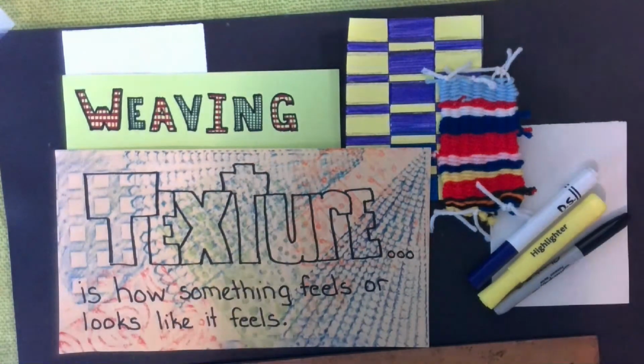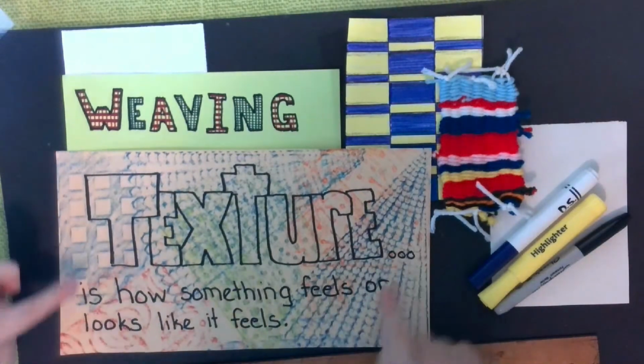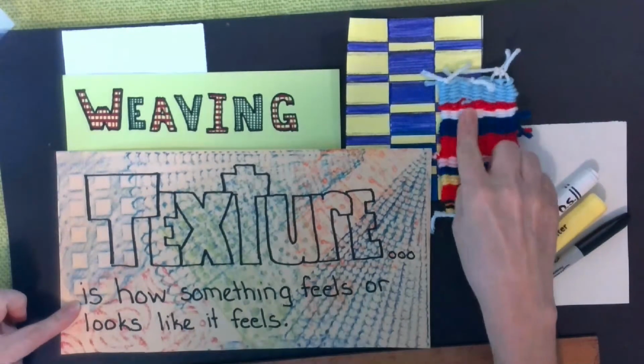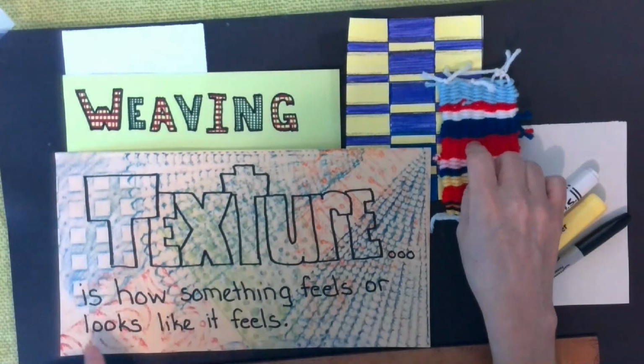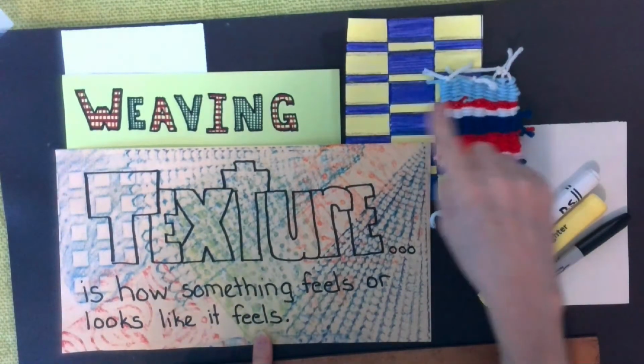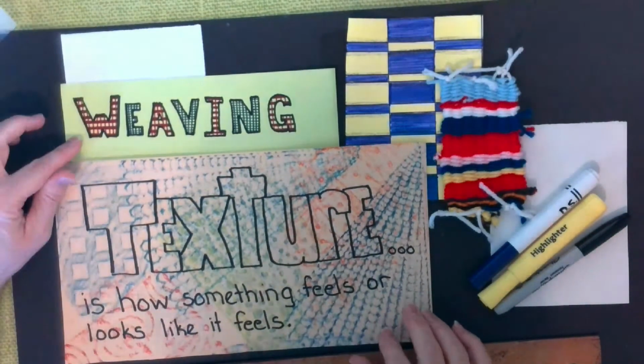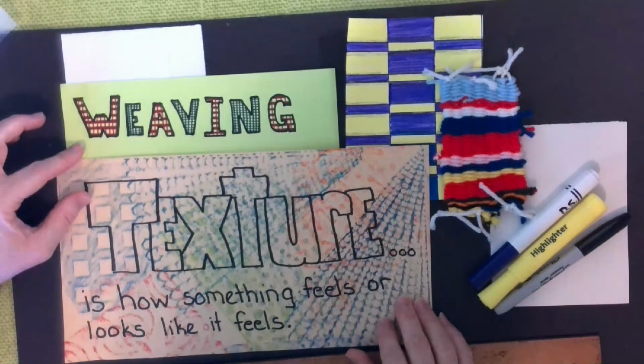Today we're going to continue to talk about texture. Texture is how something feels or looks like it feels. And we're going to be focusing our attention on weaving.